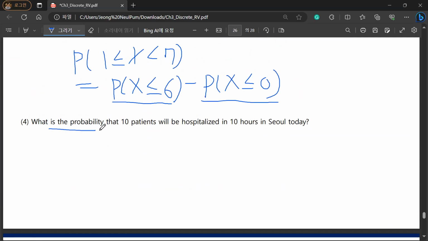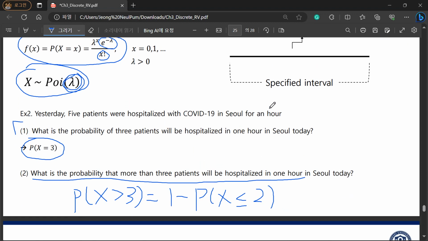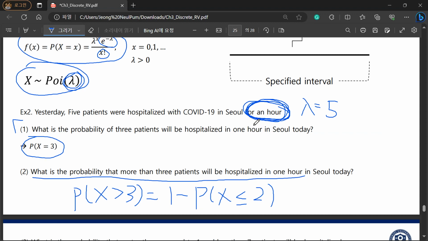And question number 4 is the probability that x is 10. But you have to be careful about the unit hour, which is 10 here. In the earlier question the unit was one hour, so we used the lambda hyperparameter as 5 when our unit is 1 hour.